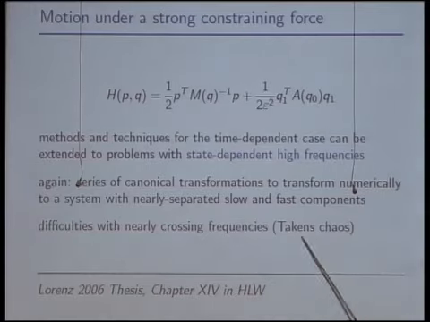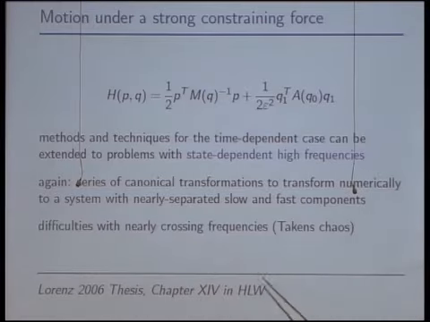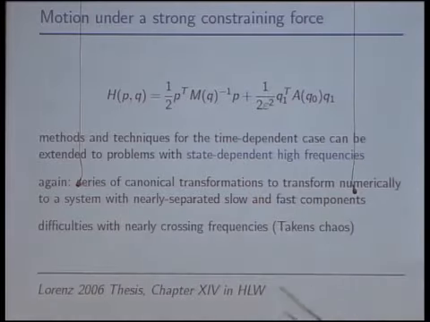And this was first worked out in work by Tarkans in the early 70s. So any numerical method must have difficulties in this case, but away from these crossing zones, we can take large time steps even in such cases.